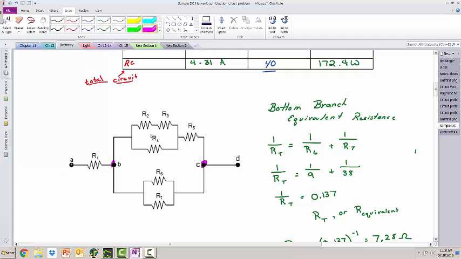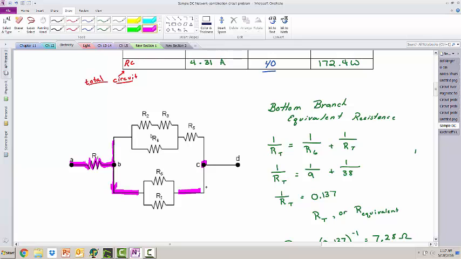Marching down, we have 4.31 amps coming from point A, marching through resistor 1. Some of them take the choice to go up here, and the others take the choice to go down here. And the ones that take the choice to go down there was that number we just said. So we're going to use that number to find the voltage drop across here. Oh, but I don't need to. I know what that voltage drop is because I just said it.